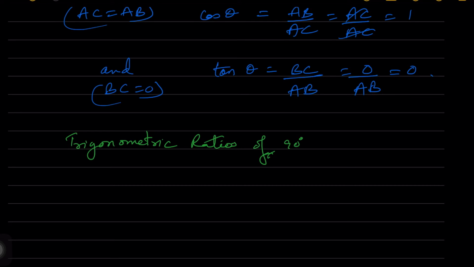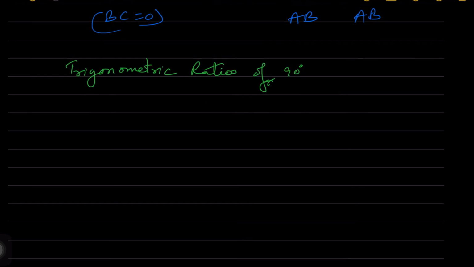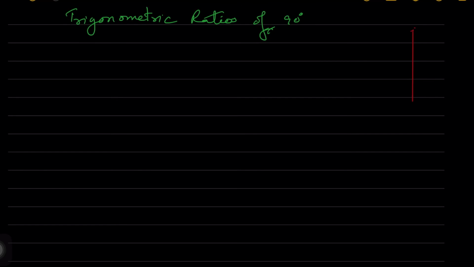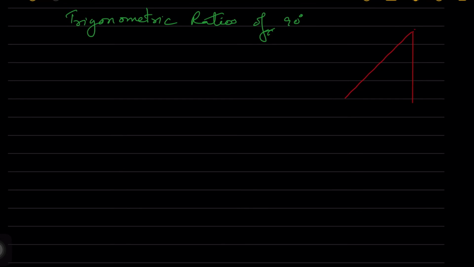Now next we have the trigonometric ratios of 90 degrees. So how do we find out the trigonometric ratios of 90 degrees? We'll see. Name the figure.